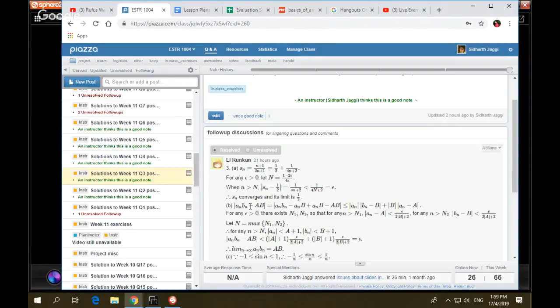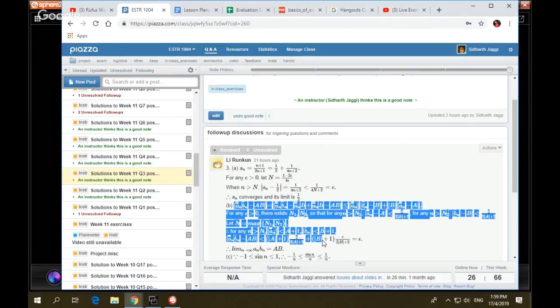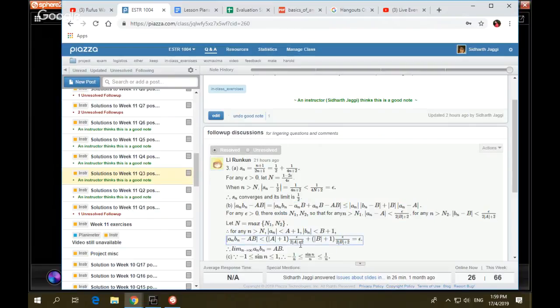The slightly more complicated part, probably the most complicated part, which is very nicely written, is to show that if 2 sequences converge, then the sequence which is the element-wise product of those 2 sequences also converges. There's a lot of epsilons and notation here, but really I don't think it's very complicated.